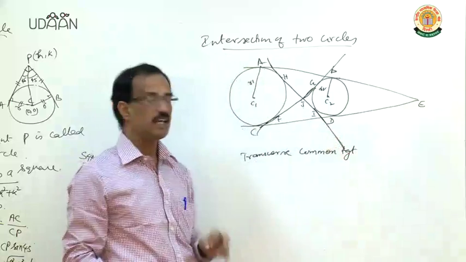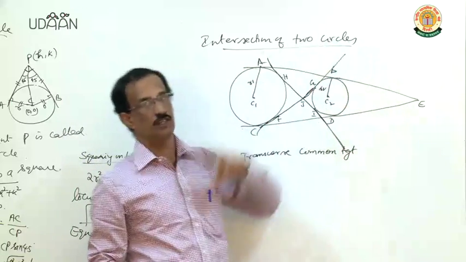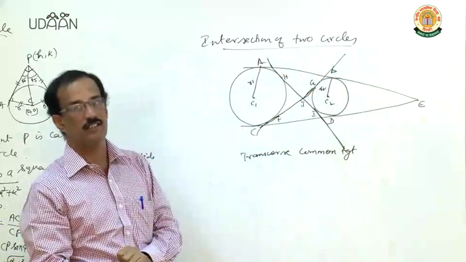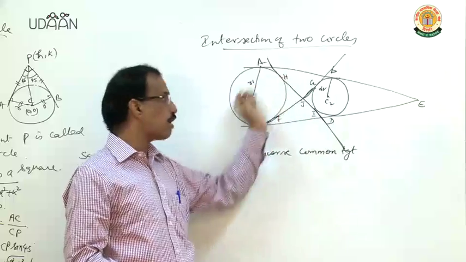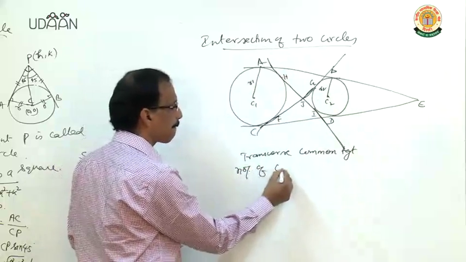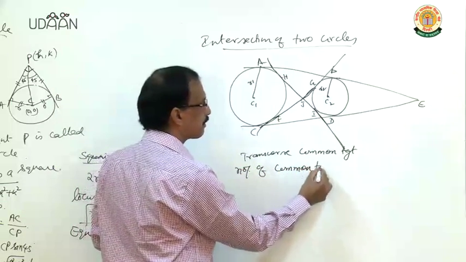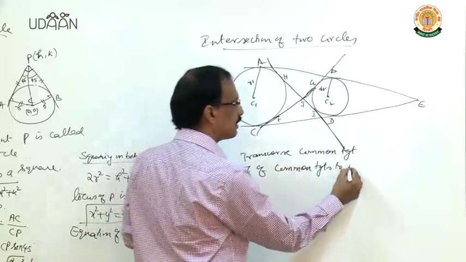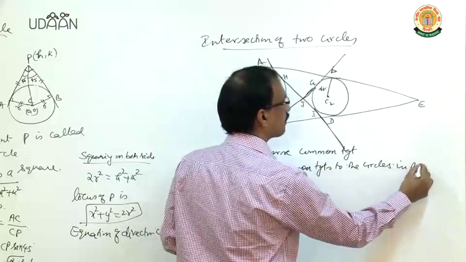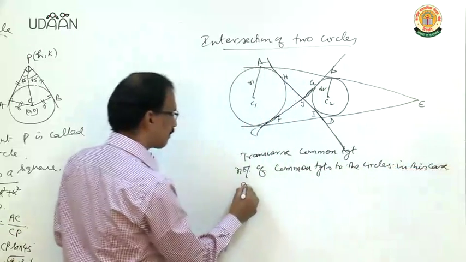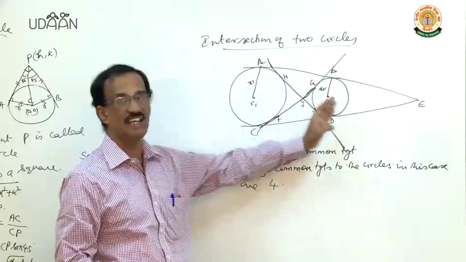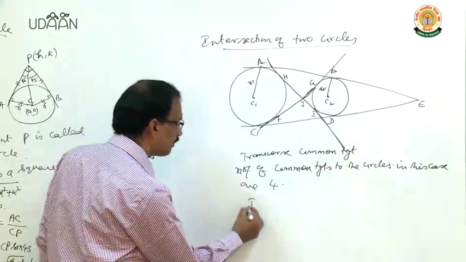One is HJI and the other is FJG. These are the two transverse common tangents. In these, the circles lie on opposite sides of the line. So the number of common tangents to the circles in this case is 4.